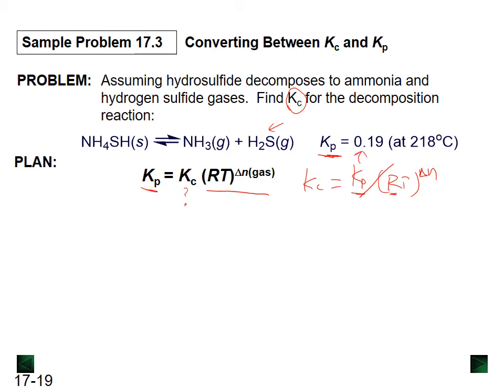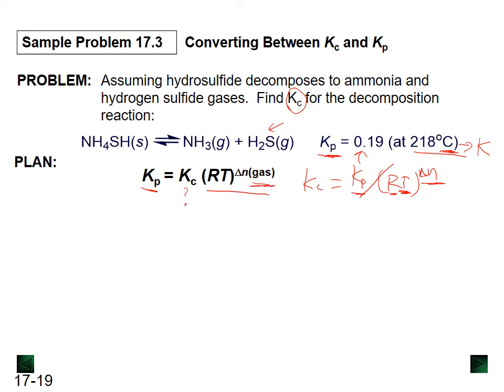Now Kp is given here. R is the gas constant. T is the temperature, and here it is given as 218 Celsius. In this equation, you must change to Kelvin, so first you need to change T to Kelvin. And what is delta N? Delta N is the change in number of moles between reactants and product for the gas phase.